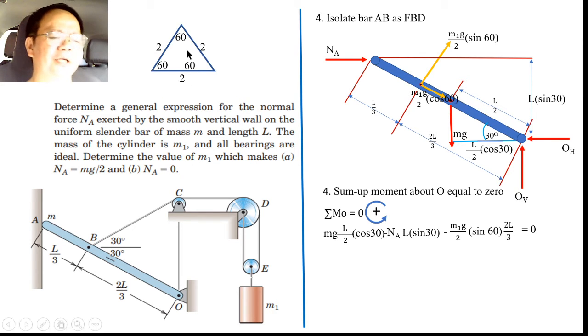Now let us imagine that we bisect this side, or we pass a perpendicular line that passes through this point, so that you have here a dividing line. These two will now be divided into 1 on both ends, and the 60 will be divided into 30 on both angles.